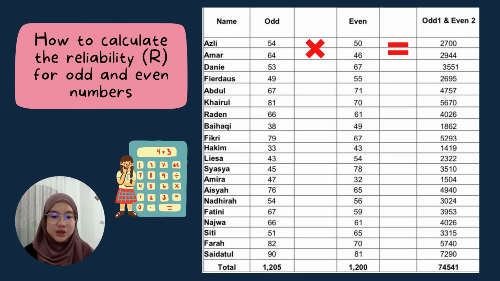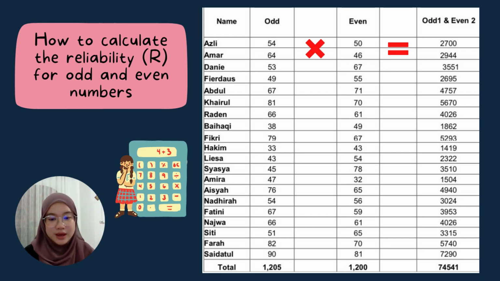Furthermore, to calculate the reliability for odd and even numbers, you must multiply the odd and even numbers. The odd number for Azli is 54, while the even number is 50. So you need to multiply 54 by 50, which equals 2,700.